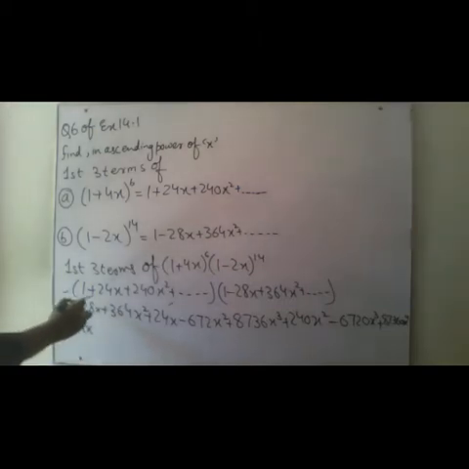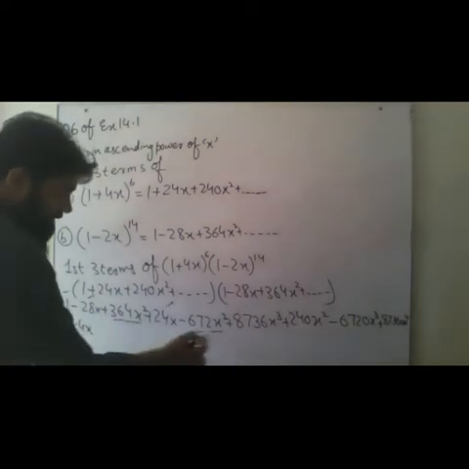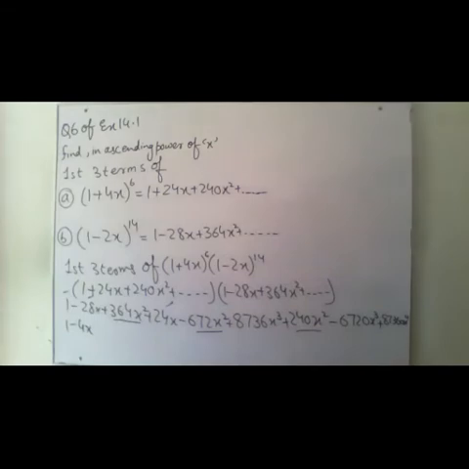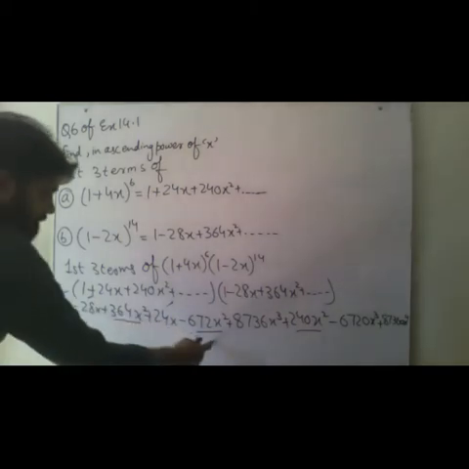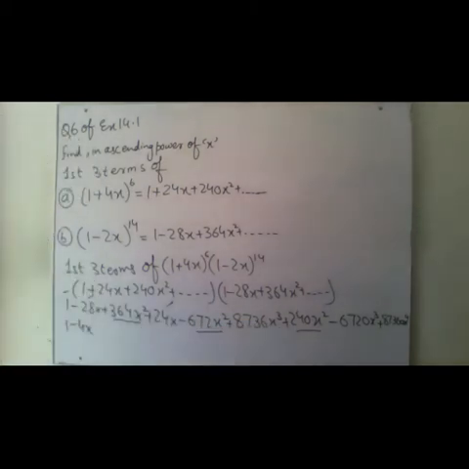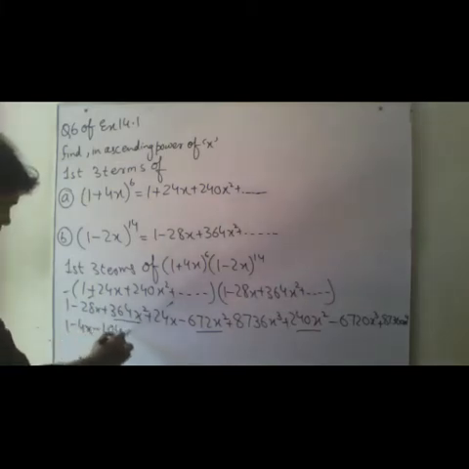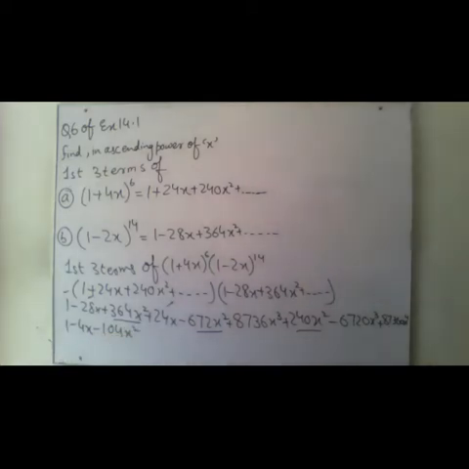Then the x square terms: 364 minus 672 plus 240, and when I simplify it, my answer is coming minus 68 x square.